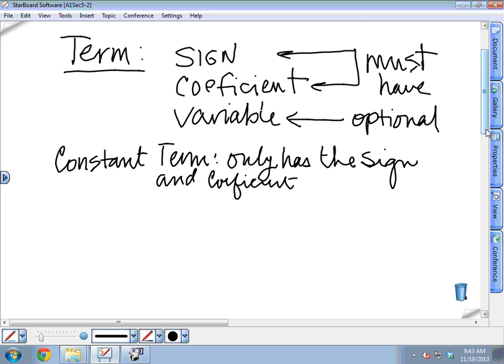Is that okay? All right. Examples of a constant term. 3. 3 has a sign. Even though it's not there, we understand that it's a positive 3. If we don't put a sign in front of it, it's positive. All right? 3 is a constant.